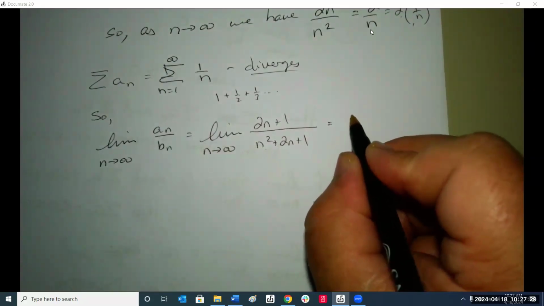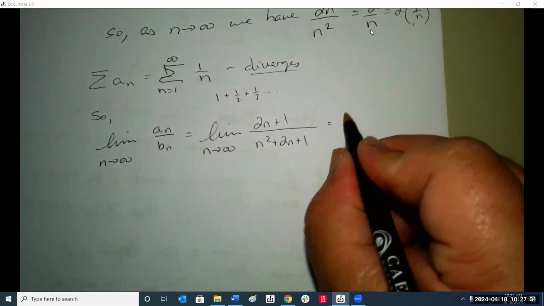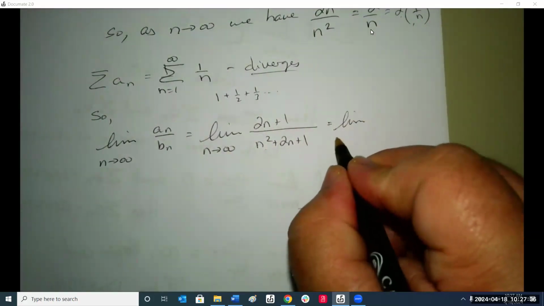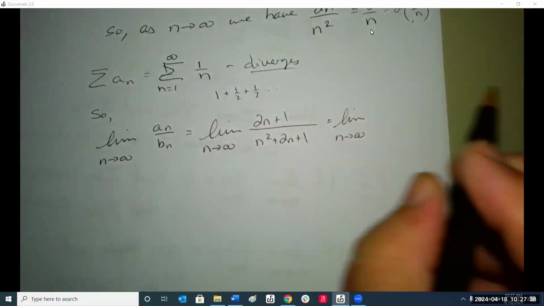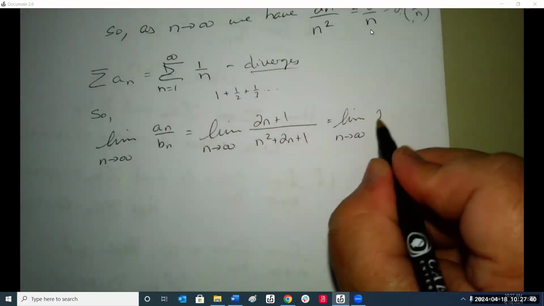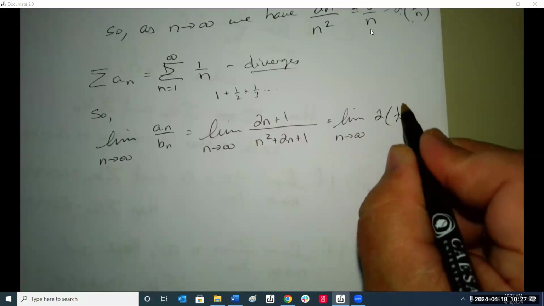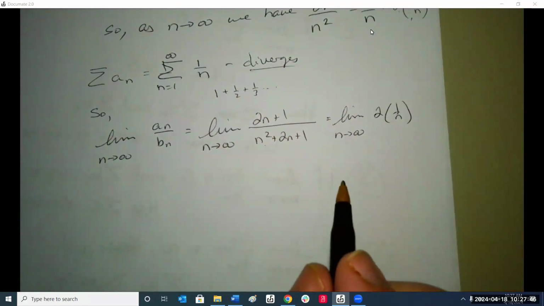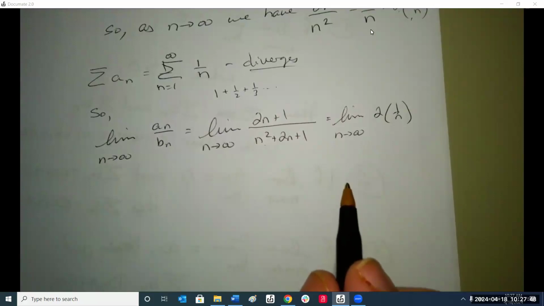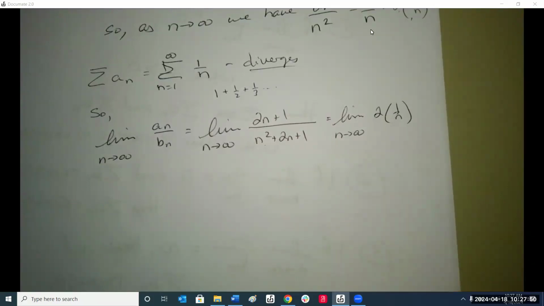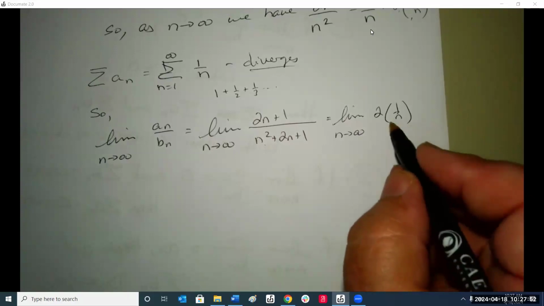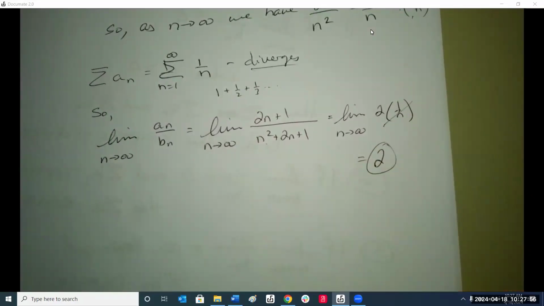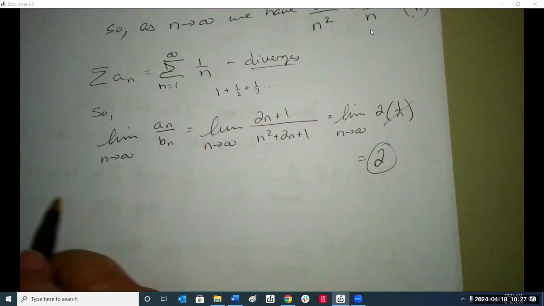That's what we had up here. This becomes the limit, which is 2.